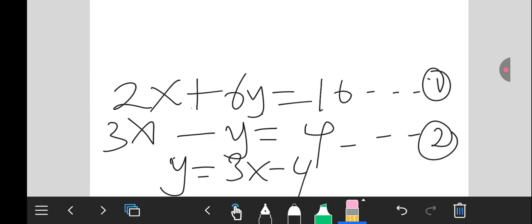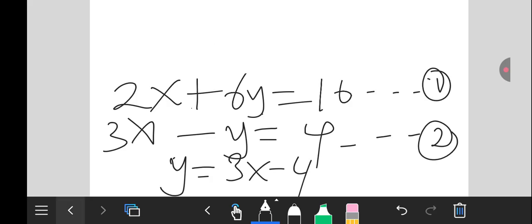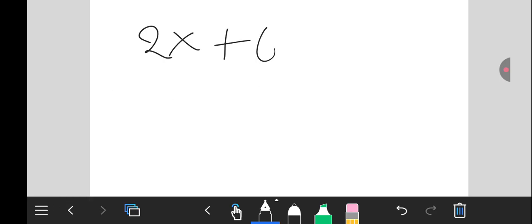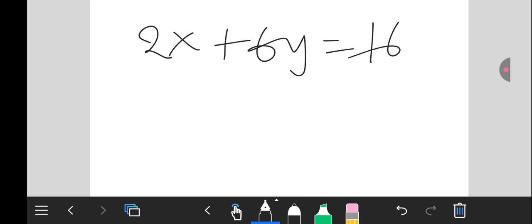Okay, so we had y equal to 3x minus 4. And the first equation we had was 2x plus 6y is equal to 16. Then we made y the subject of the formula, y is equal to 3x minus 4.